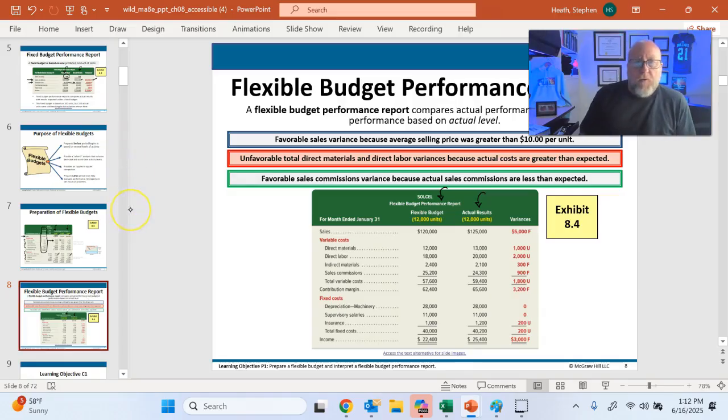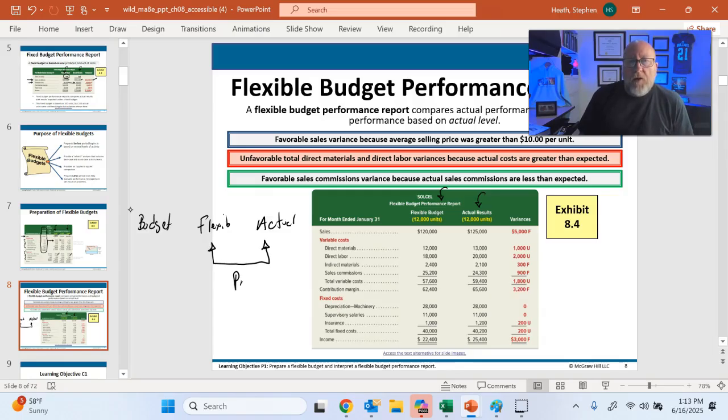I'm just going to draw over here. I have my budget, my static budget. Then I can have my flexible budget, and then I can have actual results. The difference between actual and flexible is what we call the price variance.